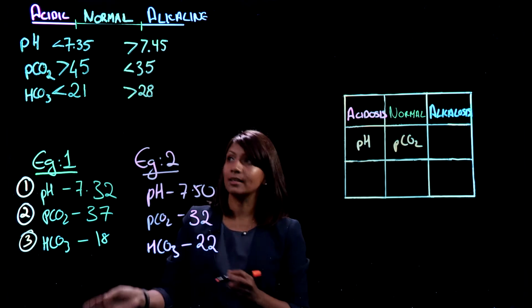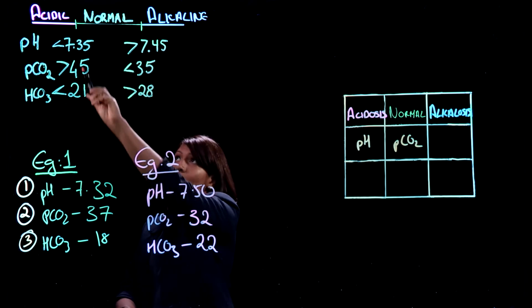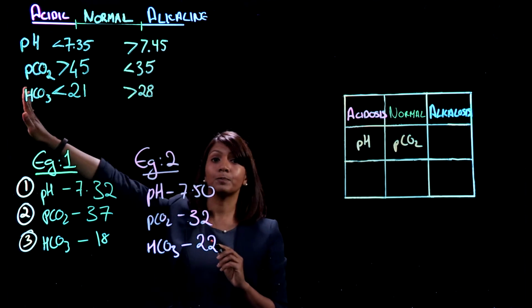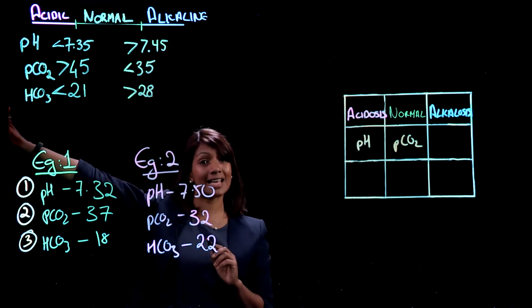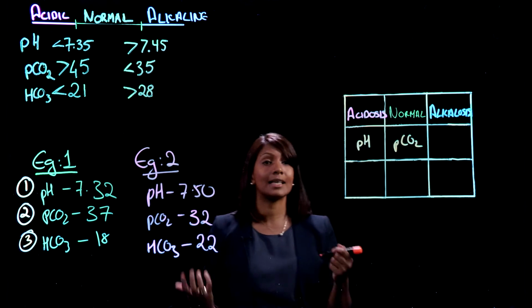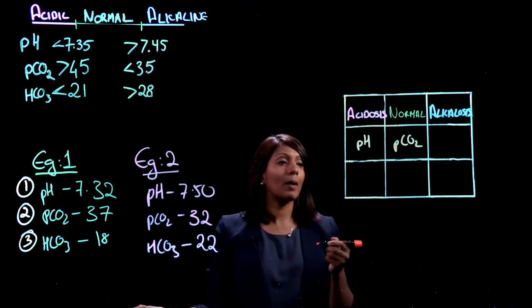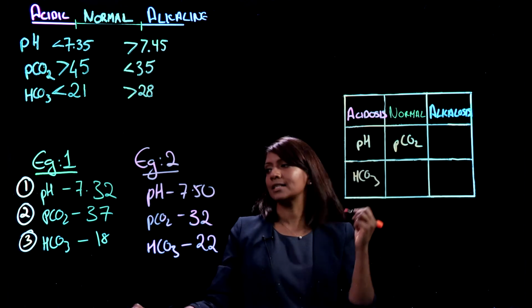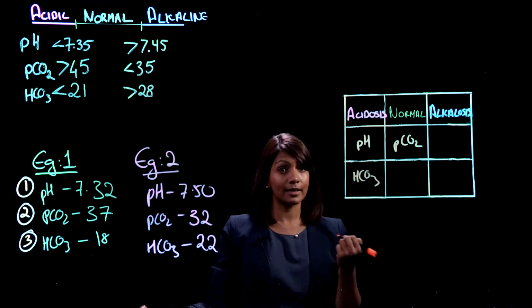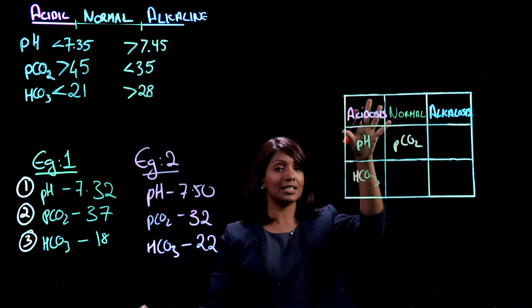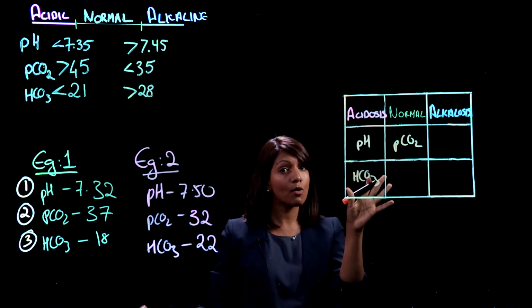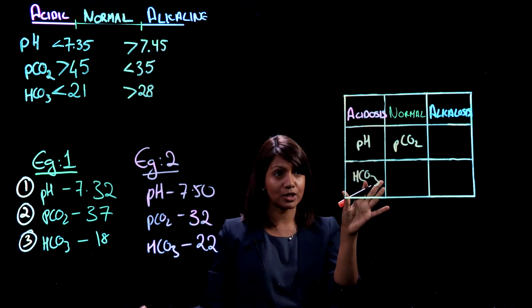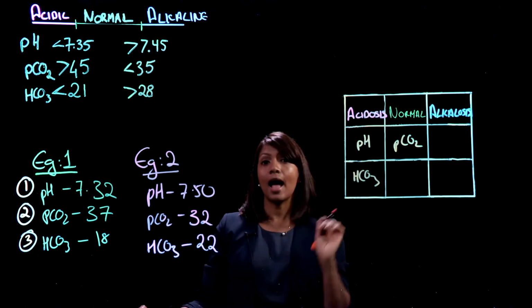Bicarbonate is 18. 18 is less than 21, which makes the blood acidemic. So the blood is acidemic because of that low bicarbonate level. So bicarbonate, HCO3, is also acidic. Therefore, we know the pH is acidotic, and now we know what the causative factor is.